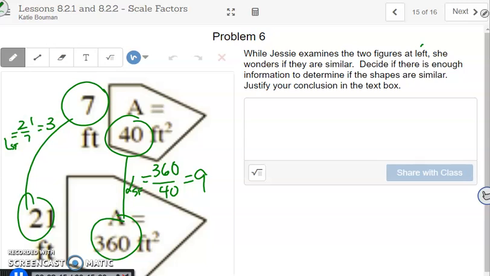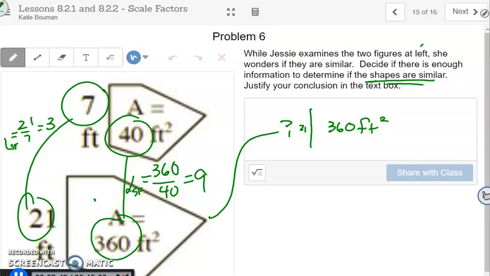But here is the answer to the question: are the shapes similar? The question is: are there other shapes that could have a height of 21 and have an area of 360 square units or square feet, and not be the shape pictured here? In other words, is it possible to have other shapes with the information on the bottom, but not be that shape?